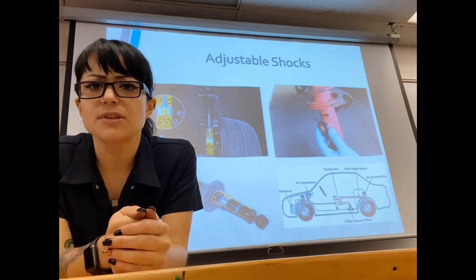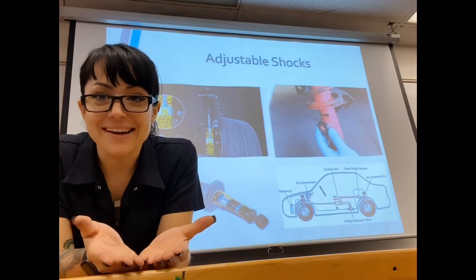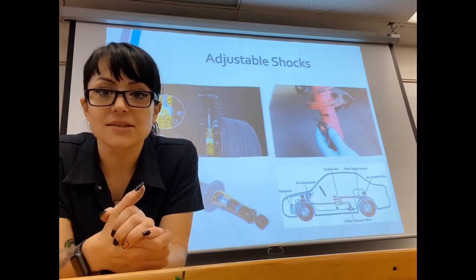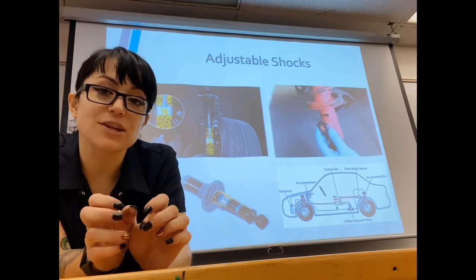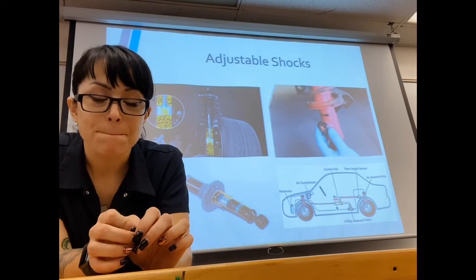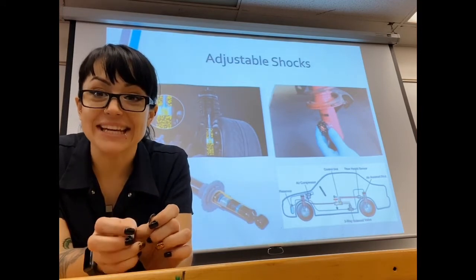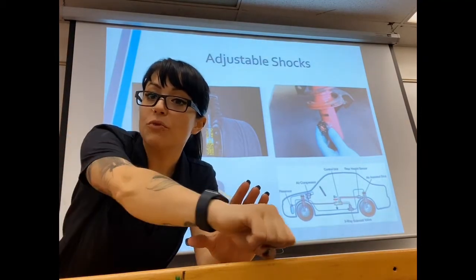Now, newer, fancier shock absorbers, and this is from the factory in a lot of vehicles, Cadillac, I believe, uses this, and a lot of other manufacturers are starting to use magnetic fluid. And I believe I've included some videos in your Canvas on this. But what you can do is apply a current of electricity to this magnetic fluid, and you can change the thickness of the fluid. So that piston's still moving in a tube through fluid.